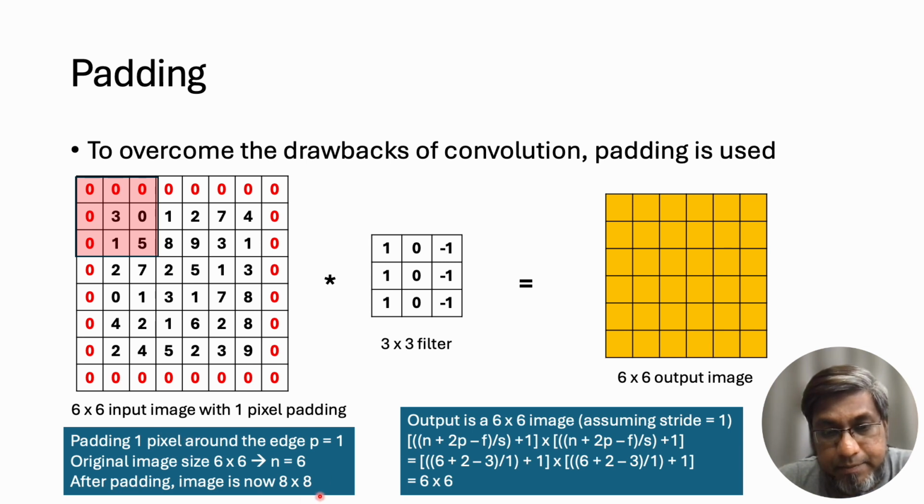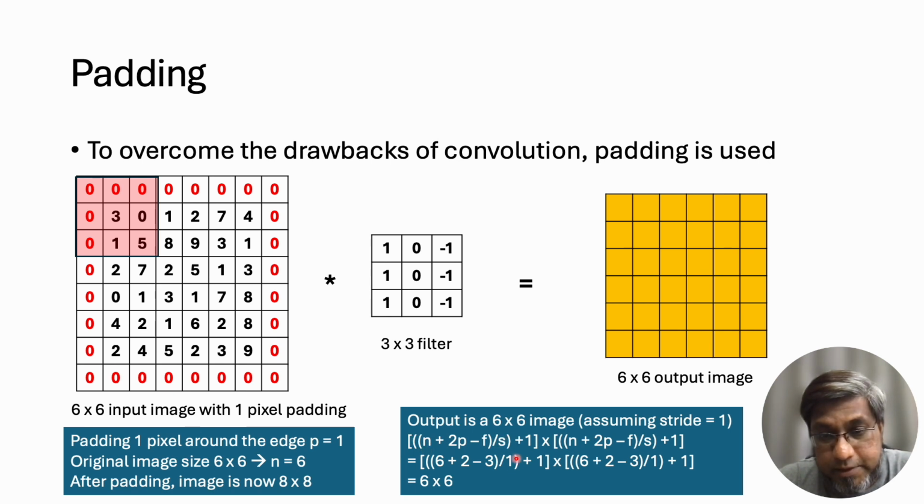Now with these dimensions, what would be the dimension of the output image? The expression for the output dimension in this case is (n plus 2p minus f) divided by s, plus 1, where p is the number of pixels that are added around this image. In this case, p is equal to 1, n is equal to 6, and the stride, I'm going to consider it as 1.